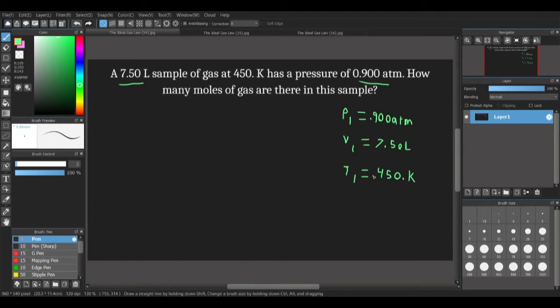Now, although we're not told, we know another value. We know the value of R because it's a constant. And since our pressure is in atmospheres, we're going to use that R is equal to 0.08206 liters atmospheres mole to the negative first, Kelvin to the negative first.